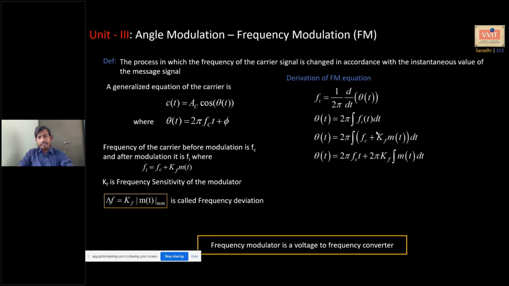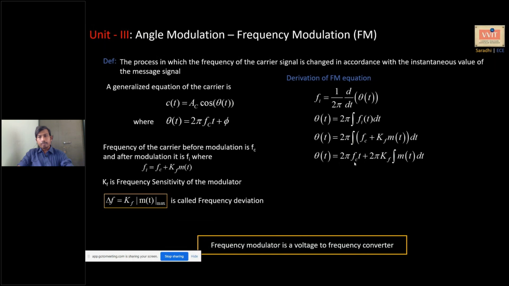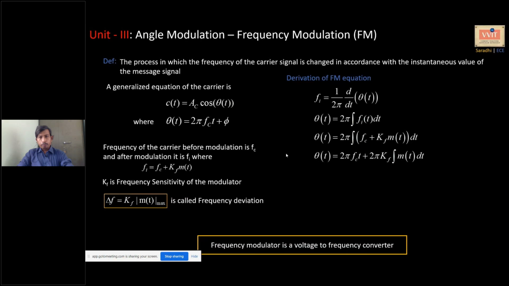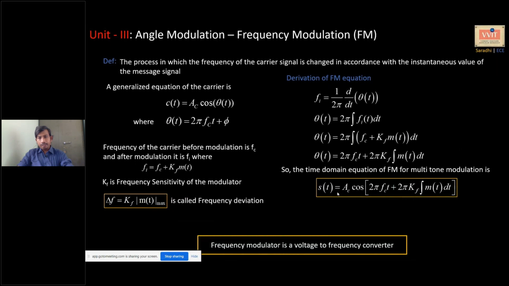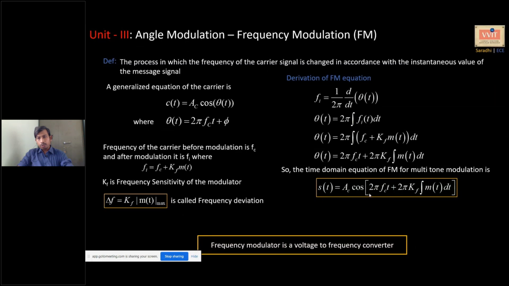Substituting that and doing integration, we get the angle to be equal to 2 pi fct plus 2 pi kf integral m of t dt. And substituting this back into our output equation, the FM equation s of t would become equal to Ac cos of 2 pi fct plus 2 pi kf integral m of t dt.